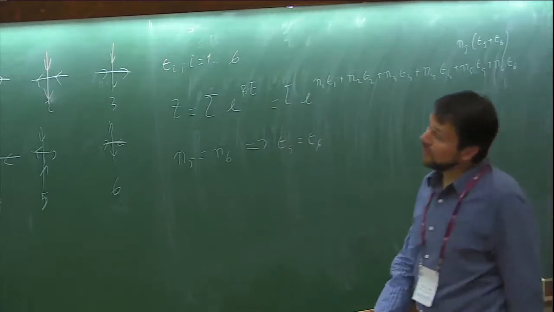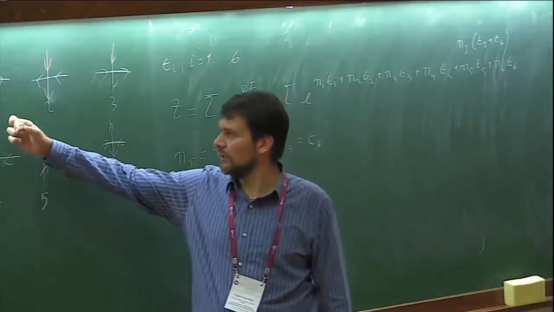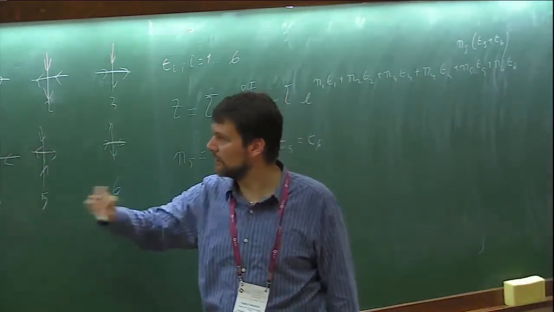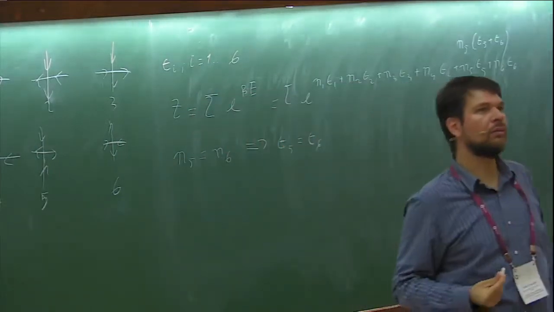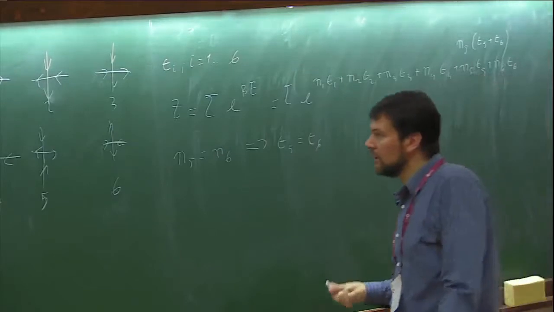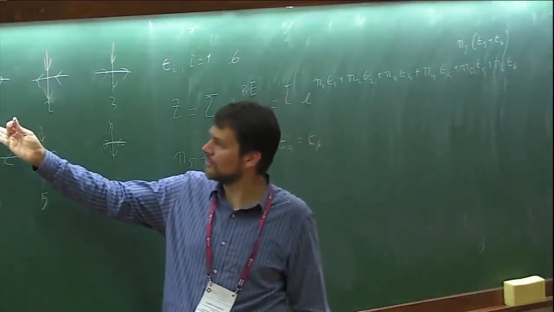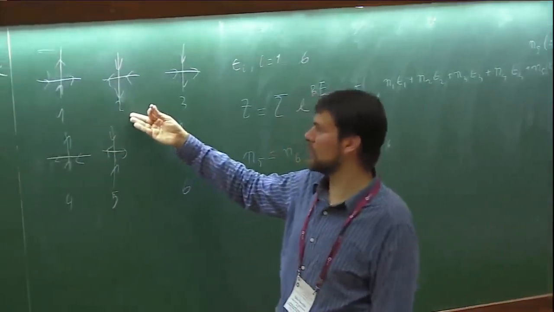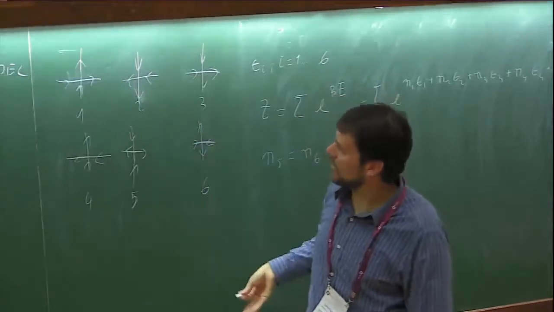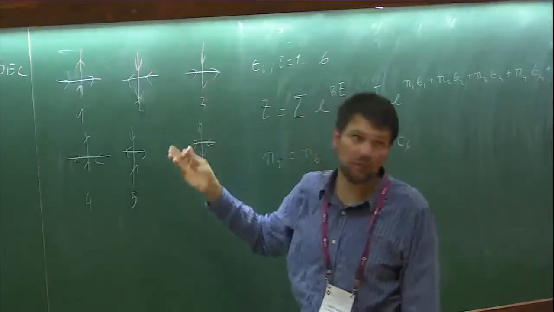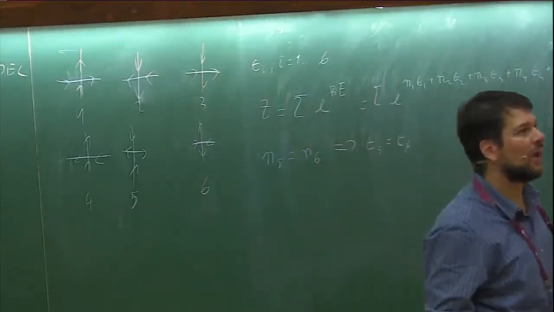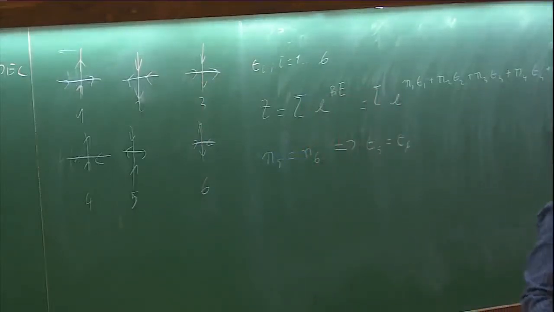Now, the next observation is that, as I said, 1, 2, 3, and 4 are the negation of one another. Which means that if you have an excess of 1 over 2, it means that somehow you have an excess of arrows going up and left compared to going down and right, which a priori does not seem reasonable.